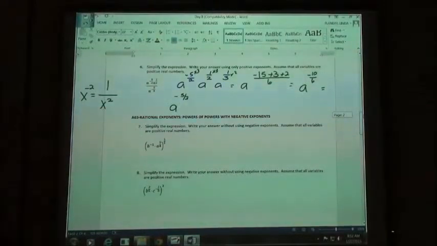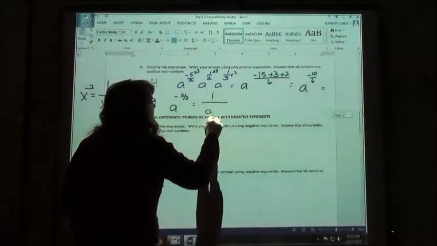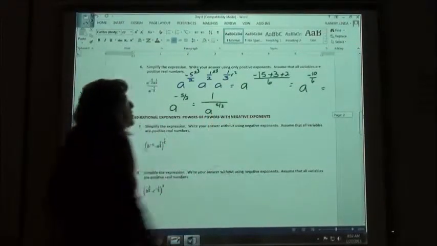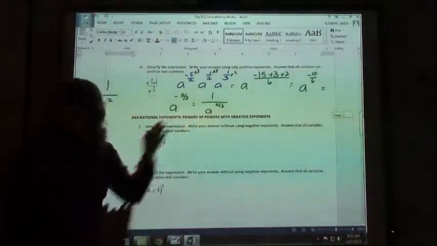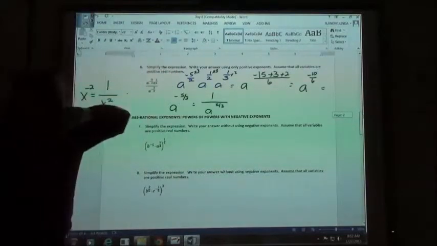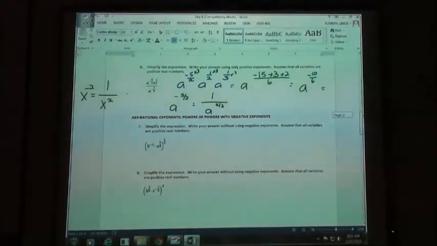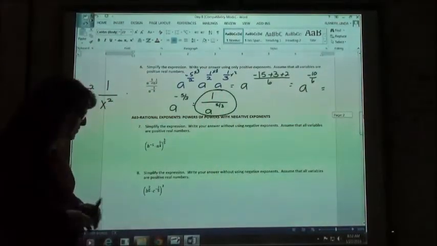So what do I have to do with the a to the negative 5/3? 1 over a to the positive 5/3, right? So I'm taking it from the top, moving it to the bottom so the sign changes. Kind of like here, it was on the bottom, and when I moved it to the top, the sign changed. So that's the answer? That's my answer, yep.